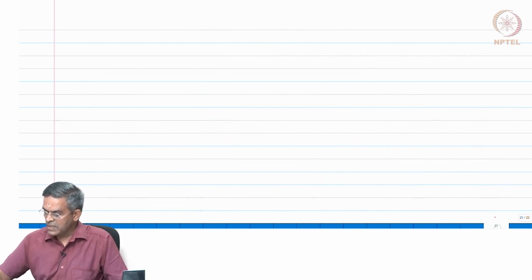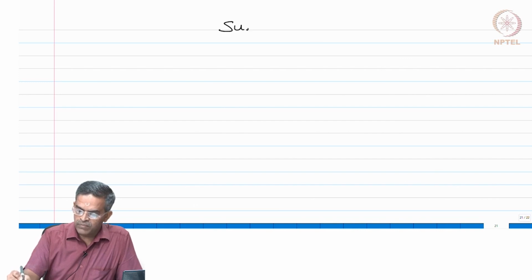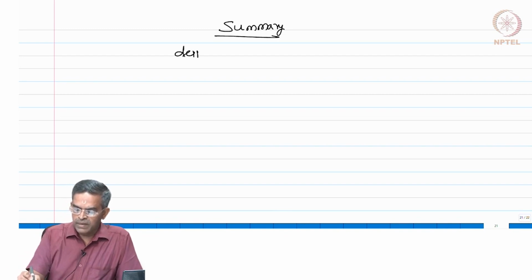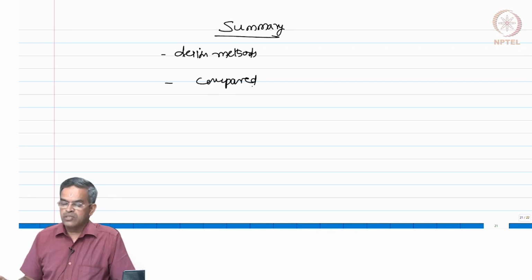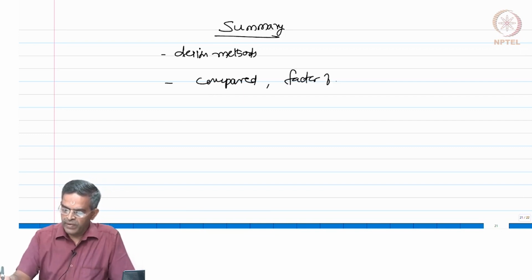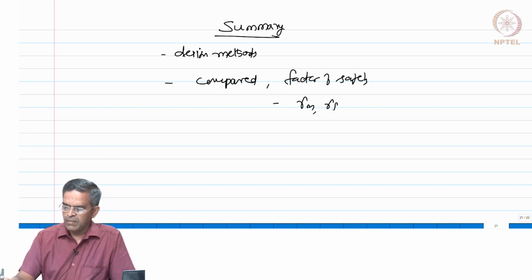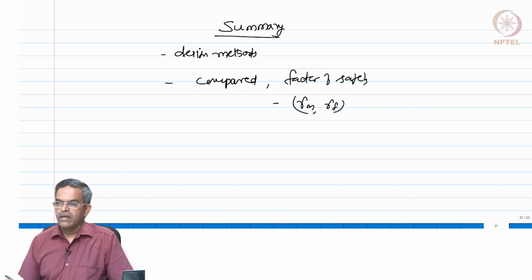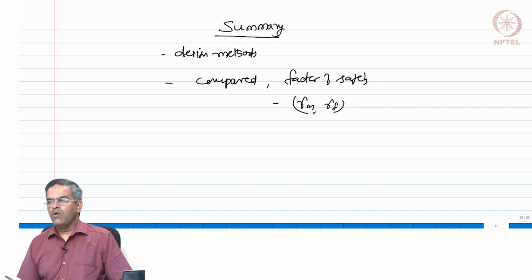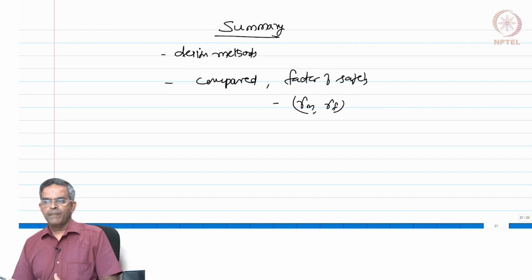Okay friends, in this lecture, let us look at the summary of what we learned. We learned various design methods quickly. We compared them and we understood something called factor of safety, gamma m and gamma f for load and material, and we realized how the methods of design exploit the steel capacity reserve energy up to a level.